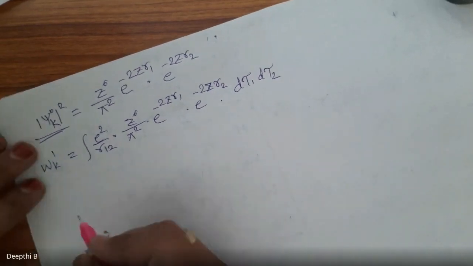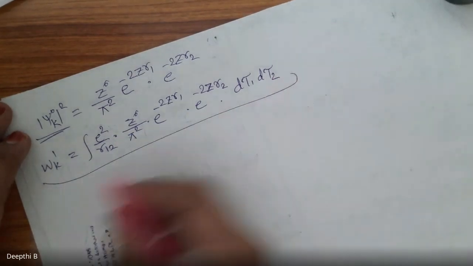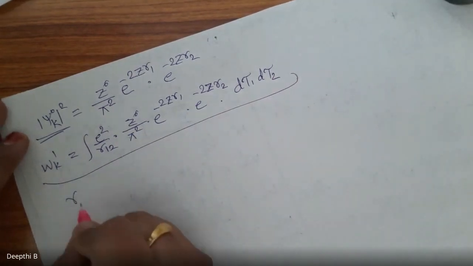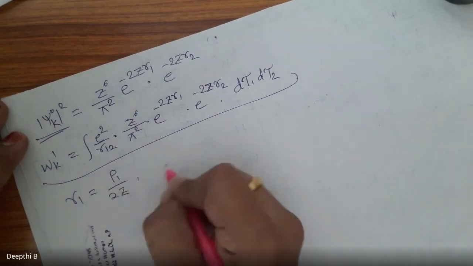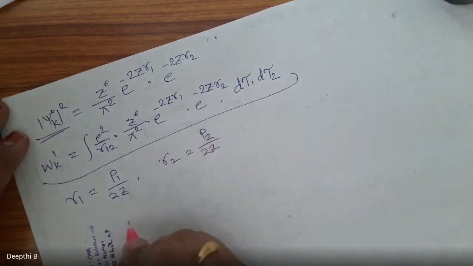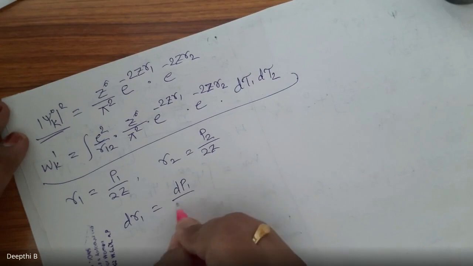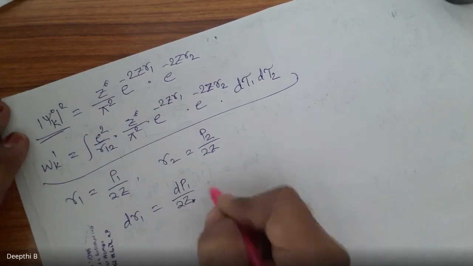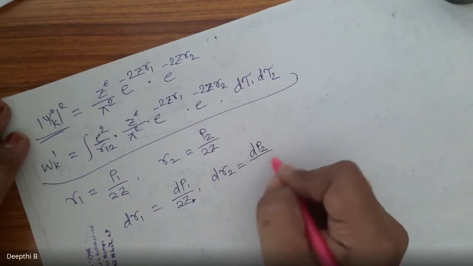Okay. So now for calculating all this, they consider r1 is equal to p1 by 2Z, r2 is equal to p2 by 2Z. Now dr1 is equal to dp1 by 2Z, and dr2 is equal to dp2 by 2Z.